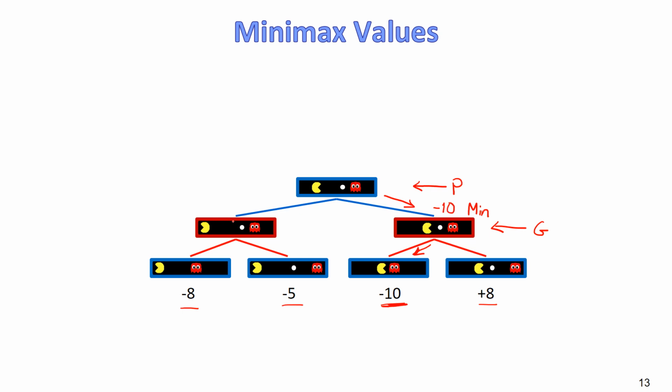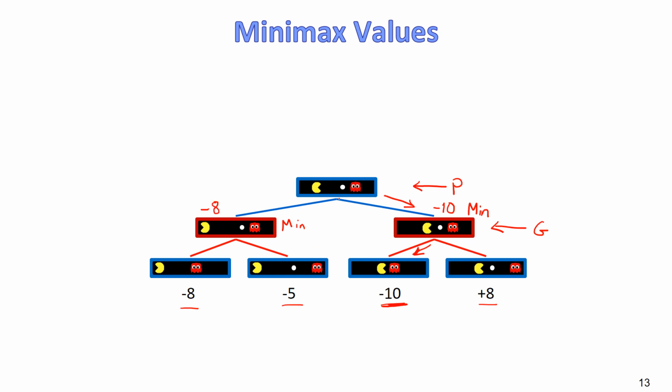Okay, similarly here, because this is controlled by the ghost again, remember this tier is completely controlled by the ghost, this tier is controlled by Pac-Man. So for that state, which is controlled by the ghost, the best is to move left, of course, because we are minimizing again here. So that tier is for the ghost. So the value of that state will not be -5, it will be -8.